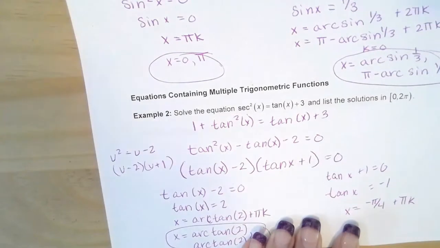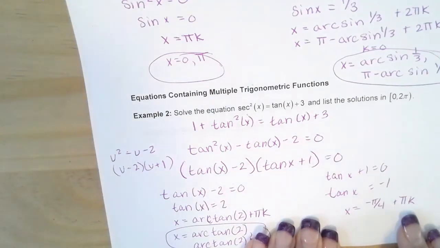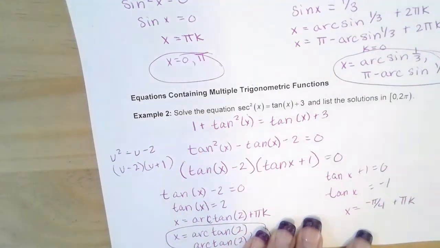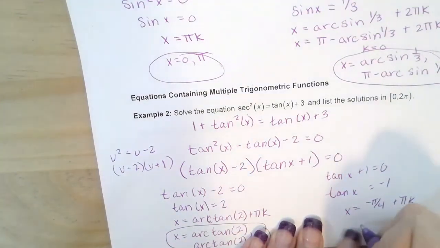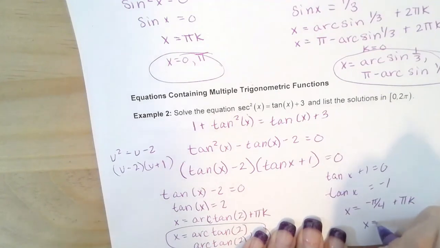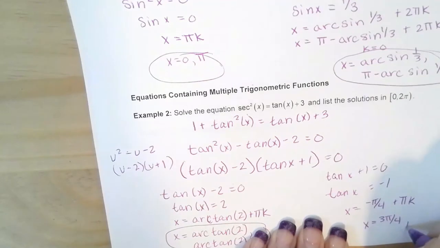I think it's in the fourth quadrant, and that would be negative pi over 4, going from the x-axis there. And then we're doing that every pi. So again, I can put in 0 and 1. If I plug in 0, I get x equals 3 pi over 4 and 7 pi over 4.